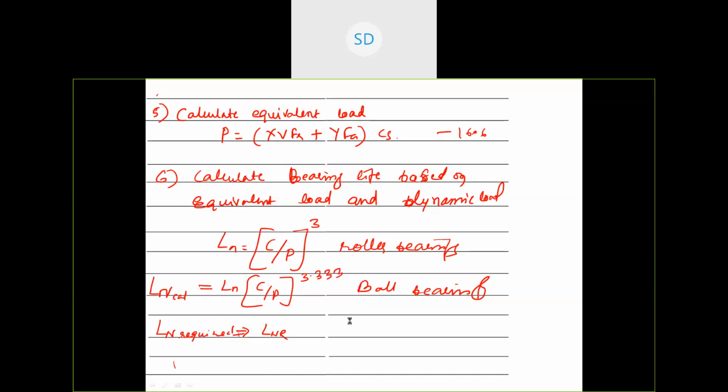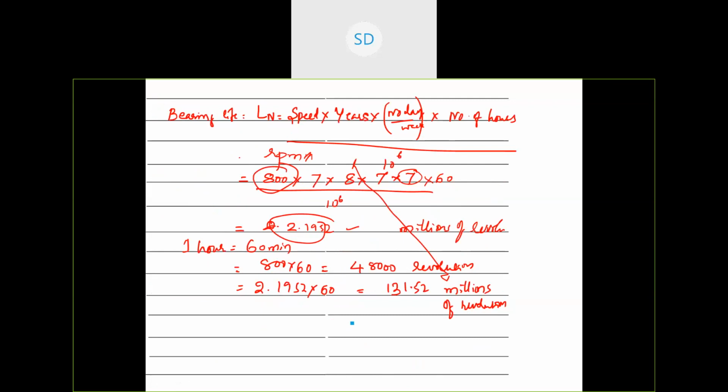This bearing life is the required one, and you get some value there.